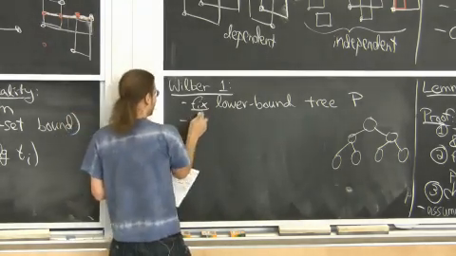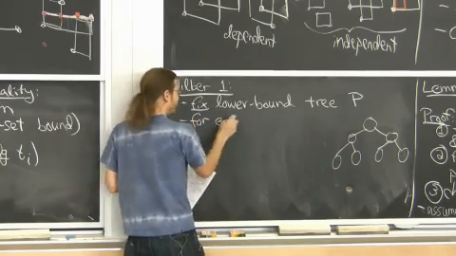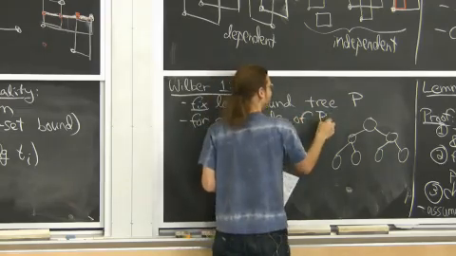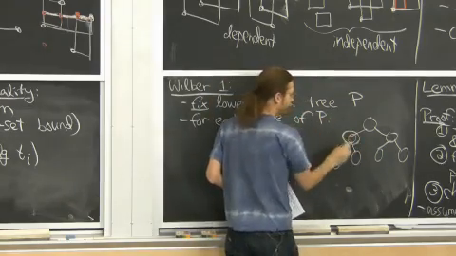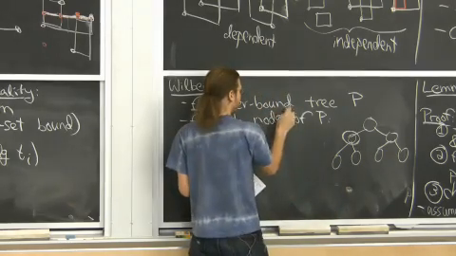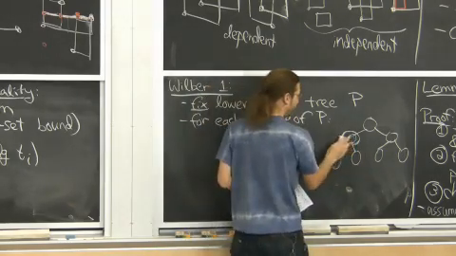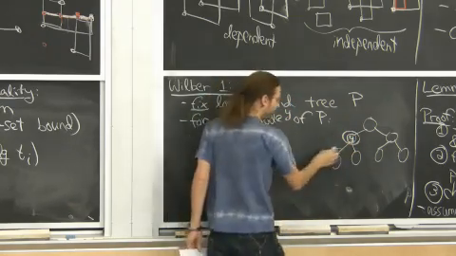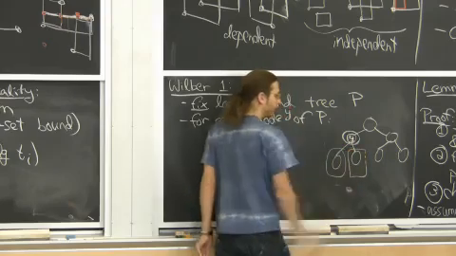Now, for each node of that tree, let's look at this node. I'll give the node a name, y. There's the left subtree of y, and there's the right subtree of y.